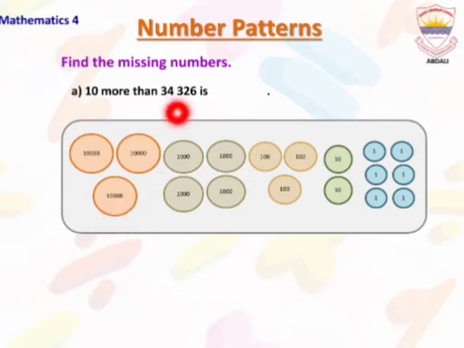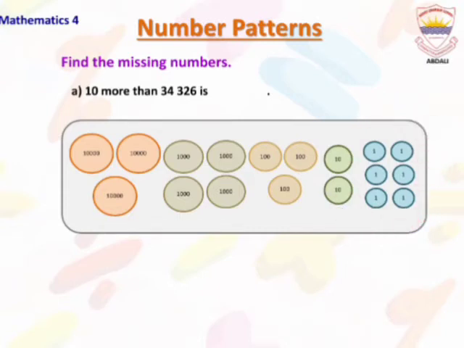We show 4,000 with 4 number disks of 1,000. We show 300 with 3 number disks of 100. We show 2 tens with 2 number disks of tens. And we show 6 with 6 number disks of ones.